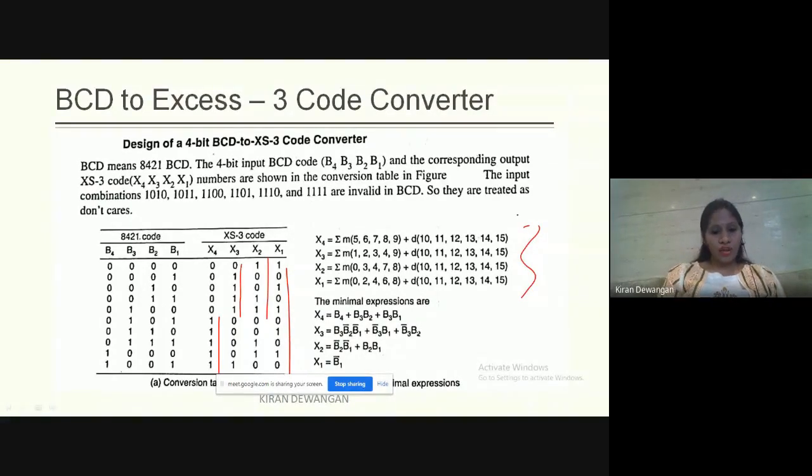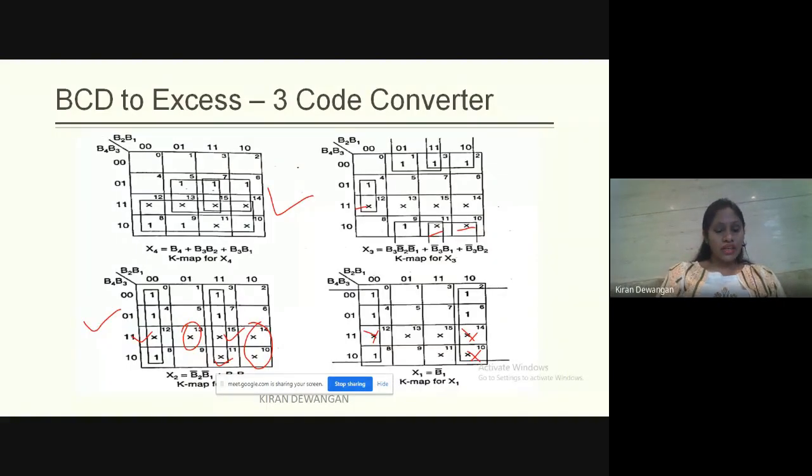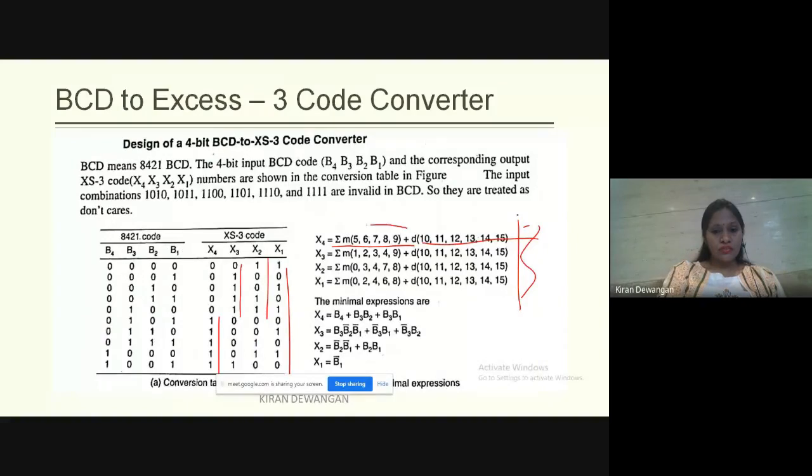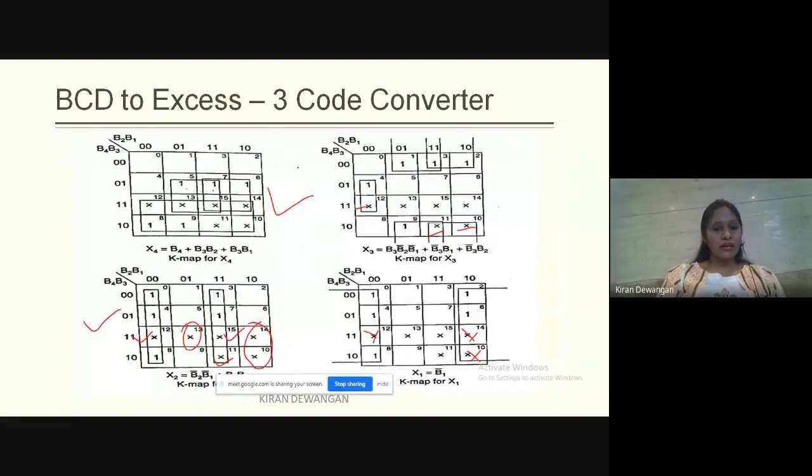अब इसको हम लोग के मैप में मैप करेंगे, right? x4 is 5 6 7 8 9 plus the don't care तो सभी में रहेगा because we have 6 invalid combinations. ठीक है, so we'll have the don't care and the rest of the terms which are present will be mapped here as one. ठीक है, and the inputs are what?